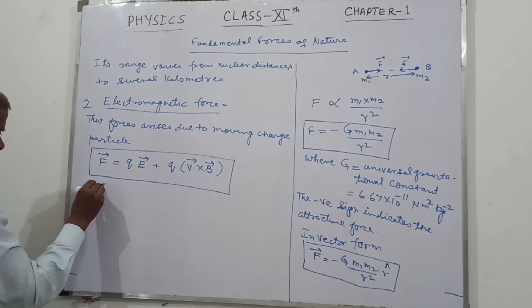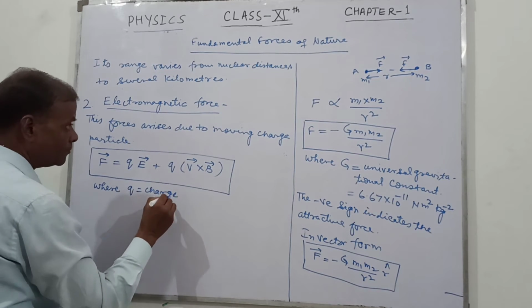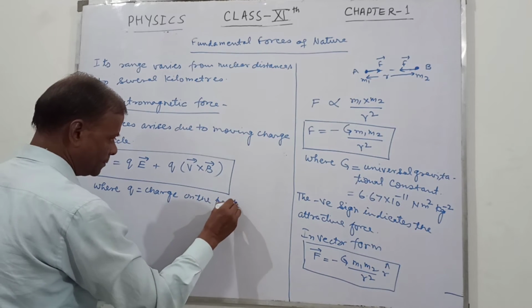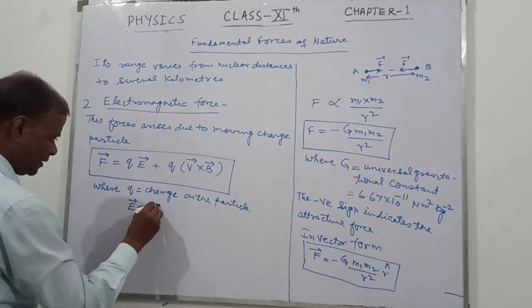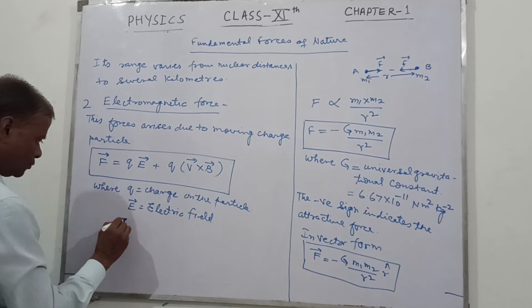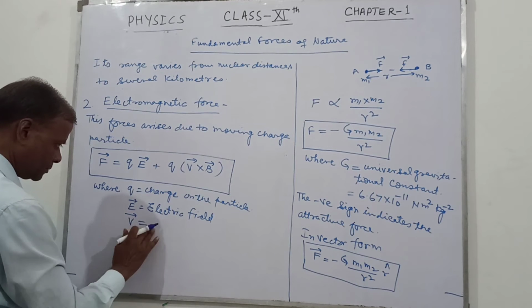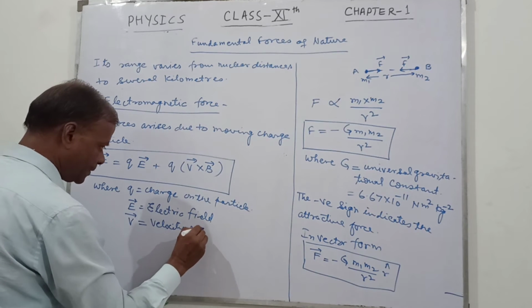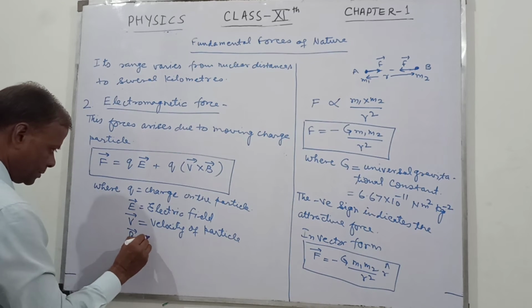where Q equals the charge on the particle, E is the electric field, V is the velocity of the particle, B is the magnetic field.